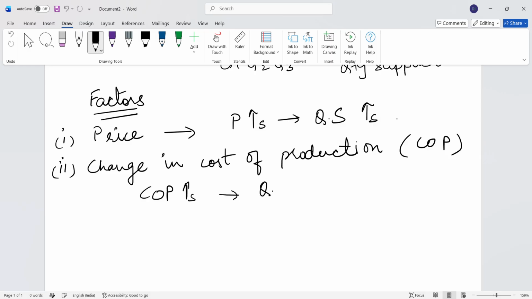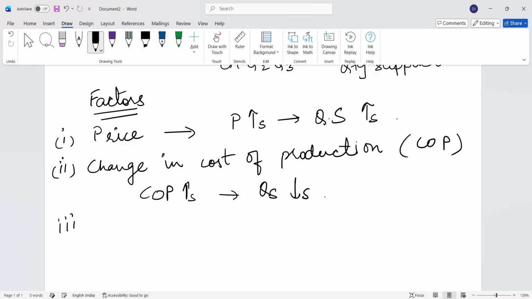The supply basically decreases. Why? Because as the cost of production increases, the cost for the producers increases, thereby lowering their profits, and that is why the producers curtail the supply. So the supply basically decreases.